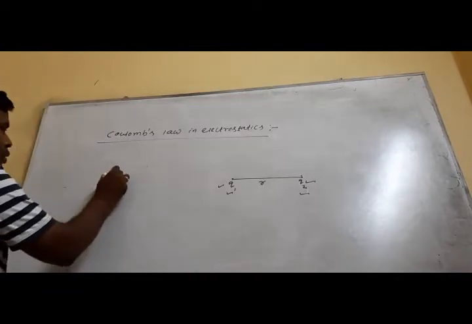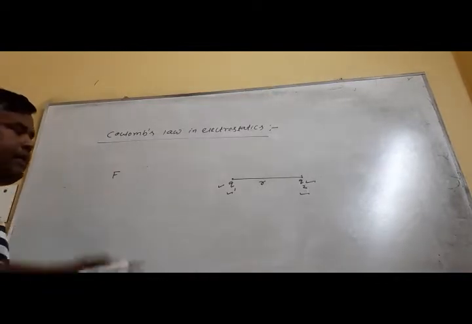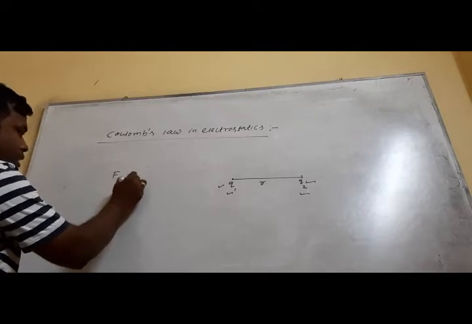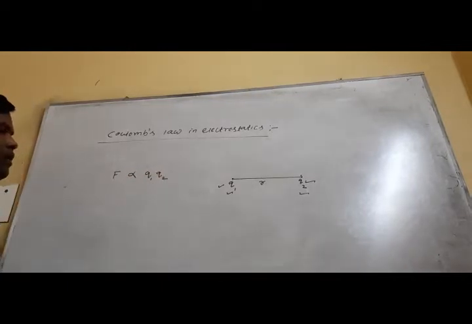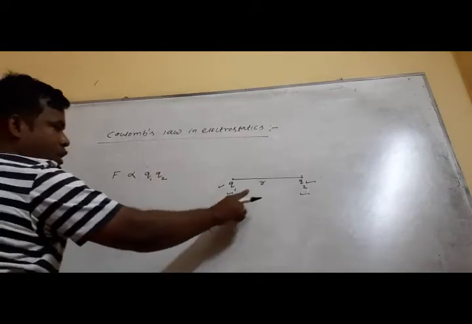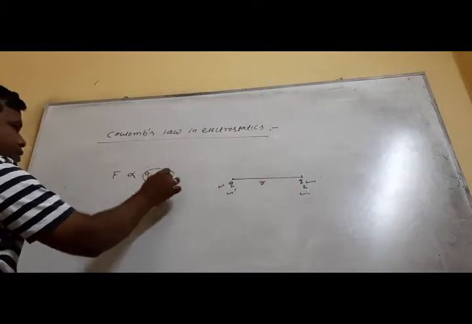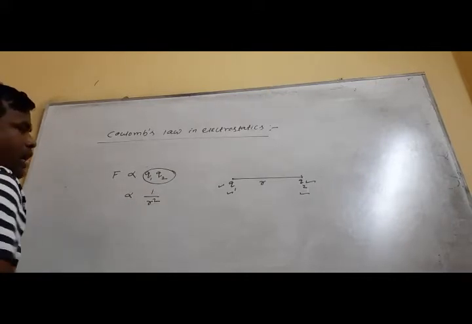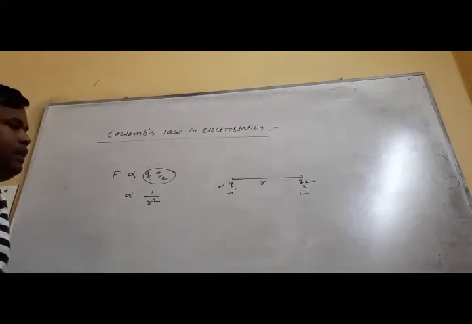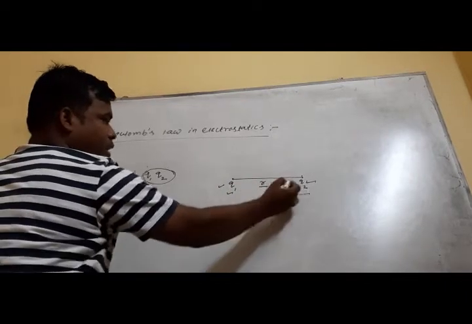The electrostatic force, that may be attractive, that may be repulsive, is directly proportional to the product of their magnitudes, Q1 Q2 product, and inversely proportional to the square of the distance between them. R is the distance between Q1 and Q2.